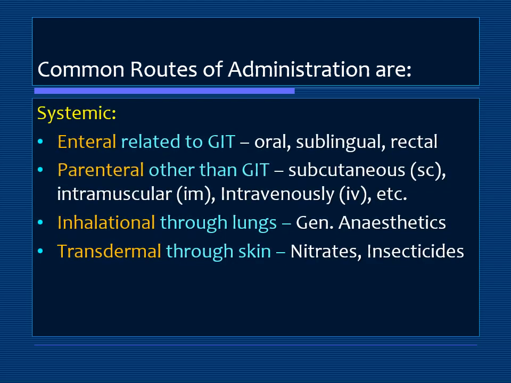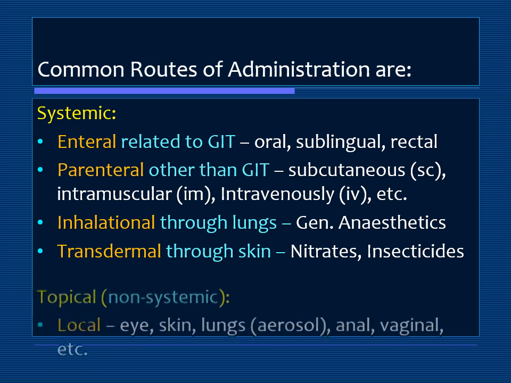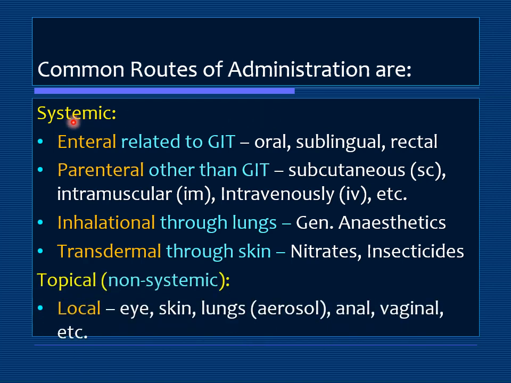So we can now summarize it. These are either systemic or non-systemic or topical. Systemics are enteral, where enteral means related to the GIT; parenteral, other than the GIT; inhalational, through lungs; and transdermal, through skin. These are some examples.